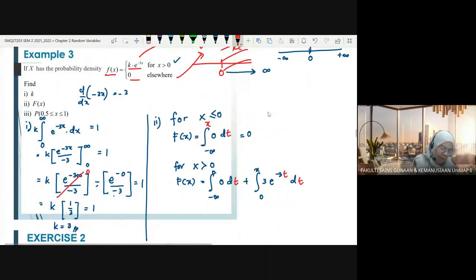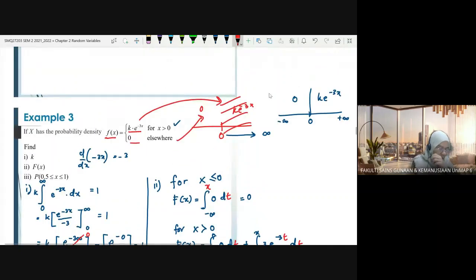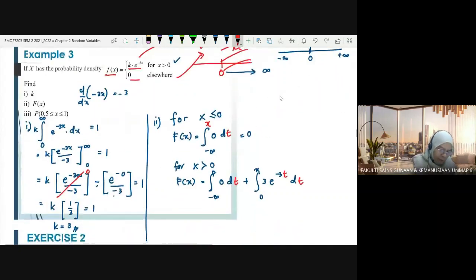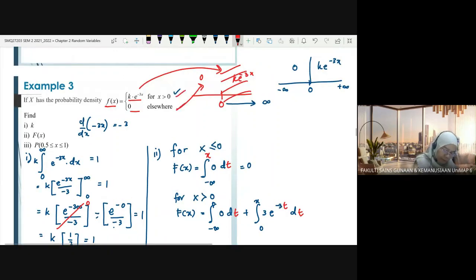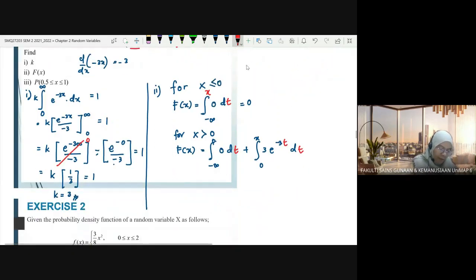So from negative infinity to x, that will be given by 0. And then for the second part, that involves the function. So we are still looking for negative infinity until 0, plus 0 until x, considering the two functions for x equal to 0.